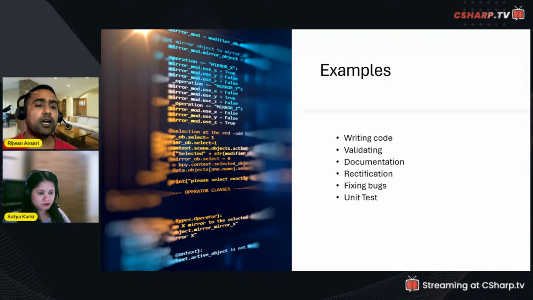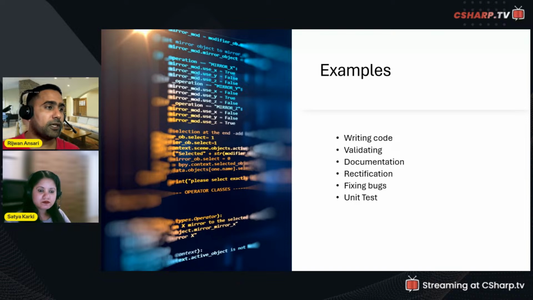Then we will see how we can rectify or optimize that code, and we will also intentionally create some buggy functions, and we will see how GitHub Copilot can suggest fixes. And let's not forget the crucial part of our development, unit tests. So we will see how GitHub Copilot can help us write entire unit test cases. So get ready for that.